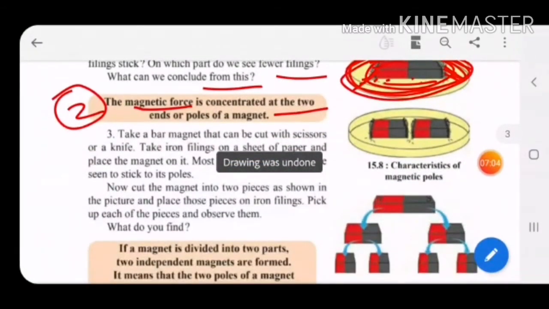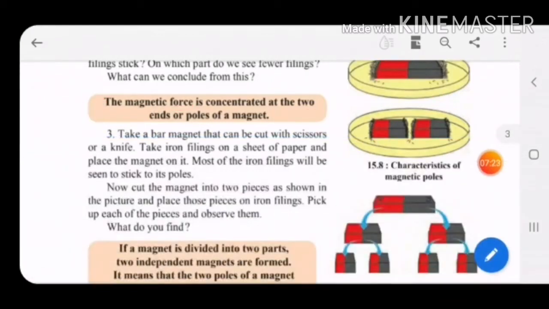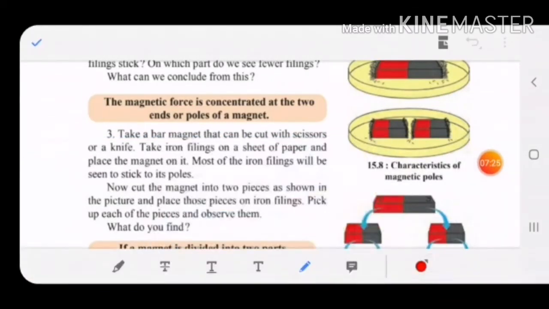Now the third characteristic. Take a bar magnet that can be cut with scissors or a knife. Take iron filings on a sheet of paper and place the magnet on it. Most of the iron filings will stick to its poles, as we already saw in the second characteristic, not in the center.